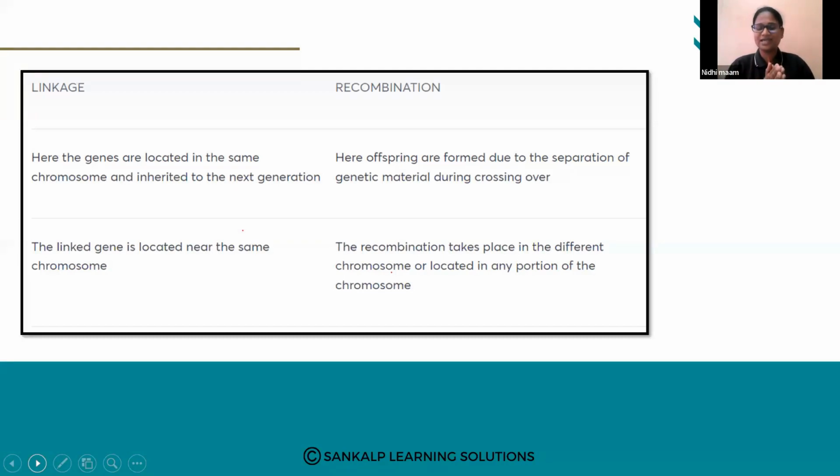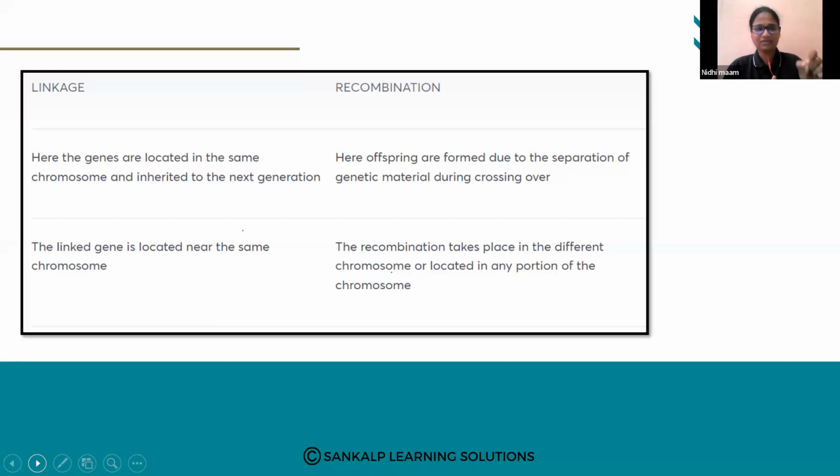So here we can say recombination occurs between different chromosomes, located in any portion. It might be at the end, in the middle, or at the tip. At any position, the crossing over happens, which brings about recombination.